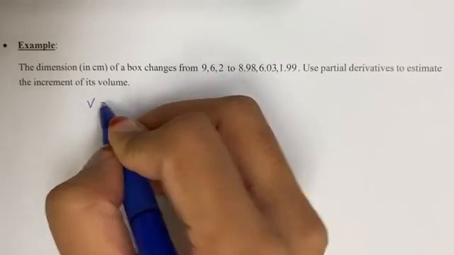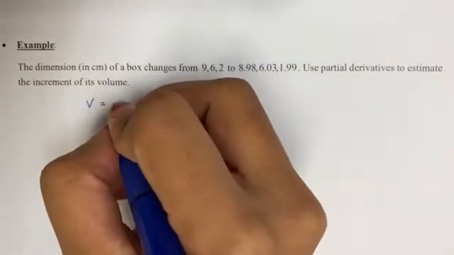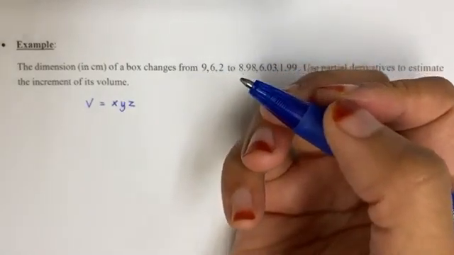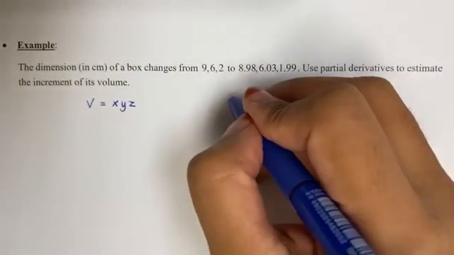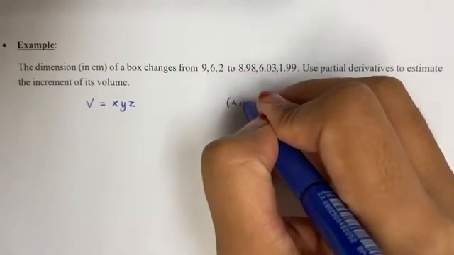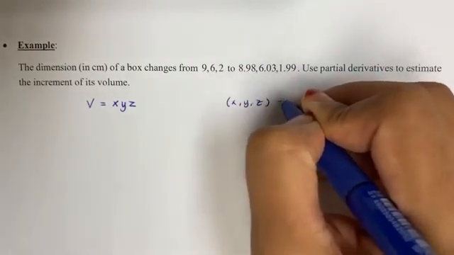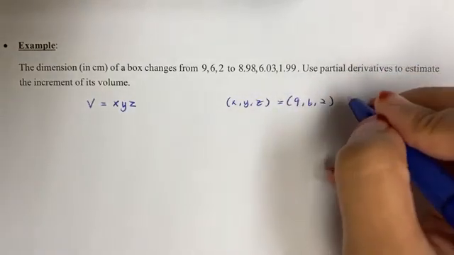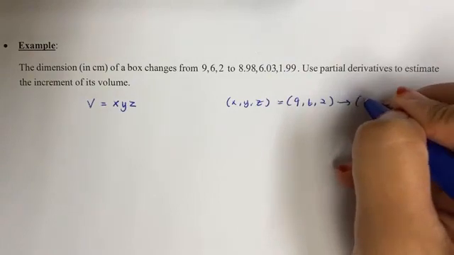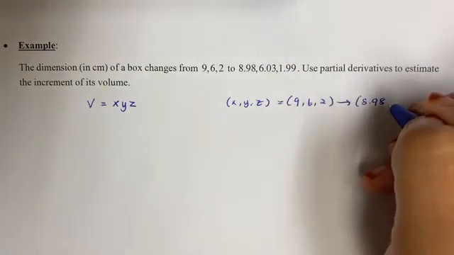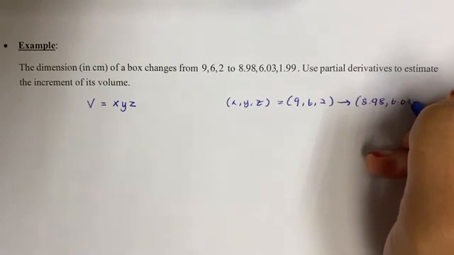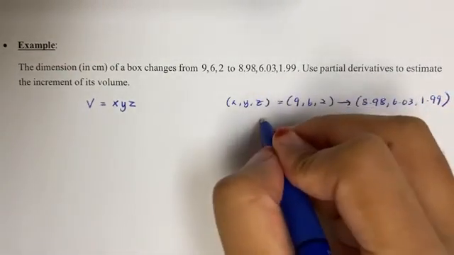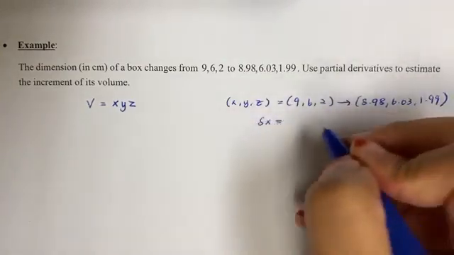Basically the volume V is equal to x multiplied by y multiplied by z. Let x, y, z be 9, 6 and 2, and it changes to 8.98, 6.03 and 1.99.